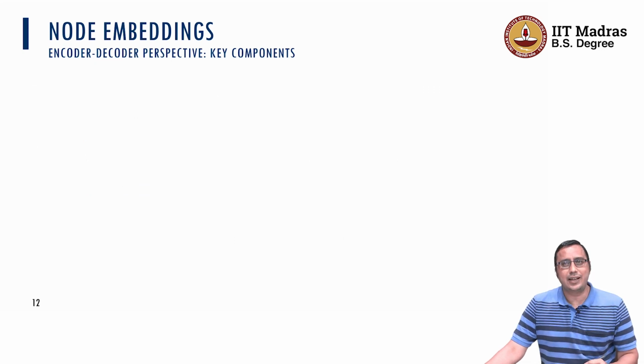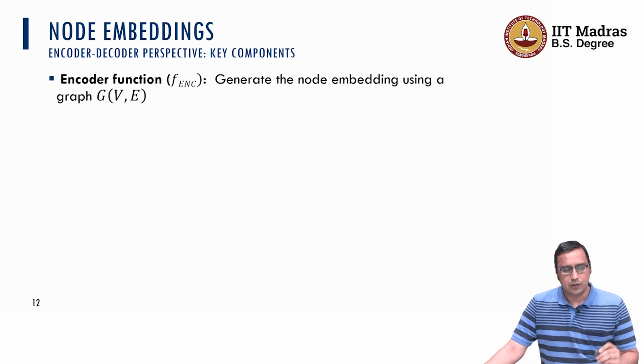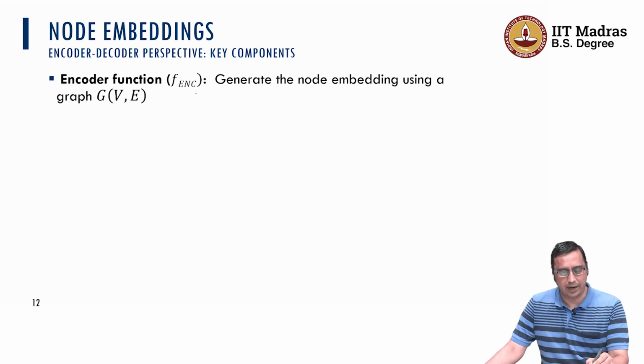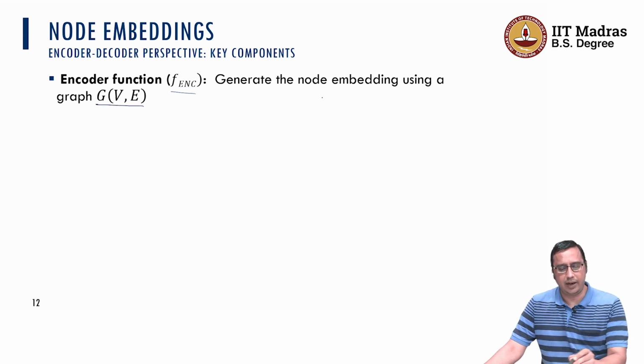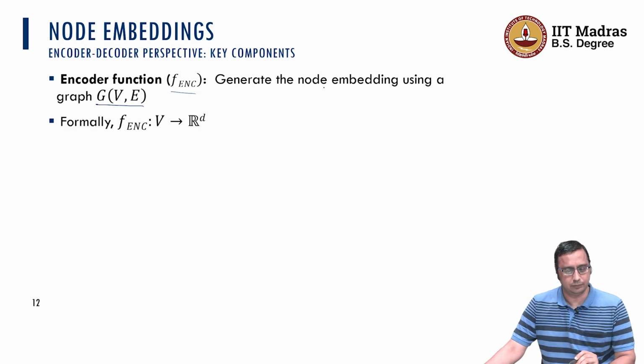So now let's look at the key components of the encoder-decoder perspective, which we have to keep repeating for different kinds of encoding methods. The first one, which I already described, is the encoder function, f_enc. What it does is generate the node embedding using a graph. So I have only provided the input as a graph, and it will generate the node embedding.